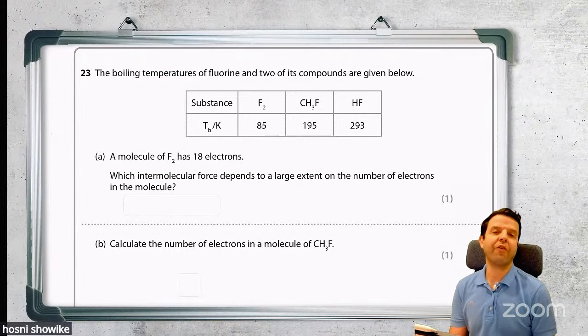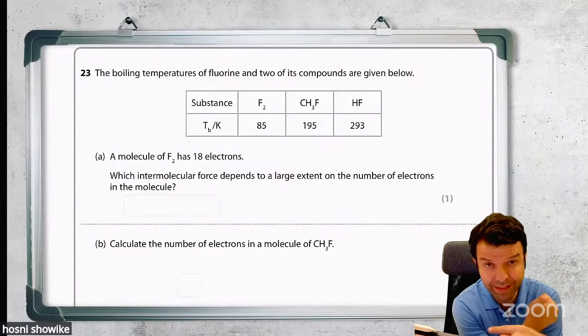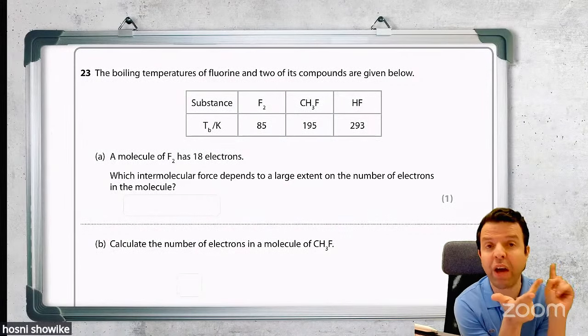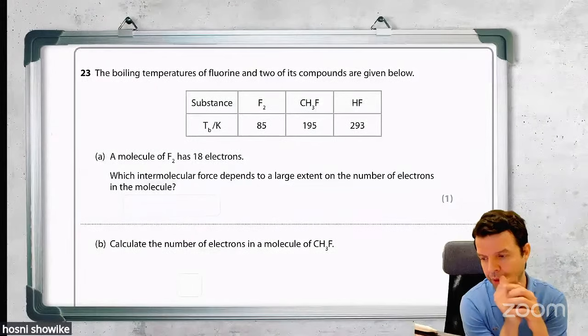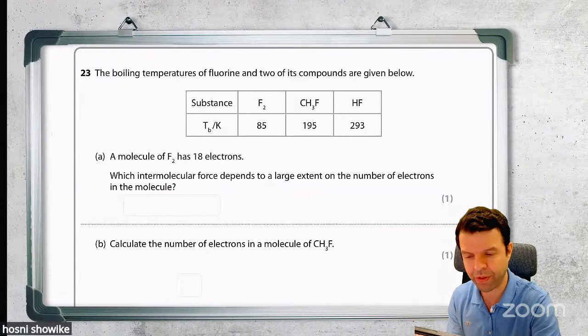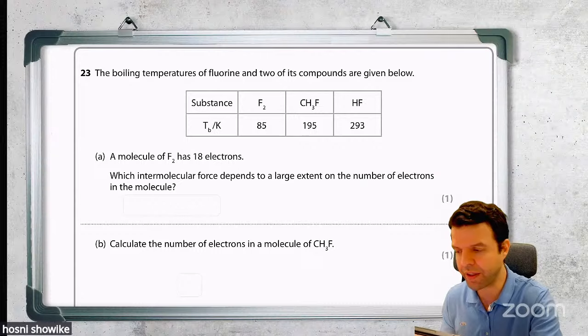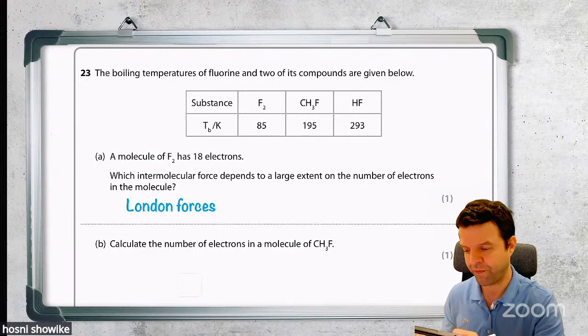In chemistry, we have these three intermolecular forces. We have London, we have hydrogen, and we have permanent dipole-dipole. Only one of them increases the strength when you have more electrons. And that's the one, it is London forces, right?